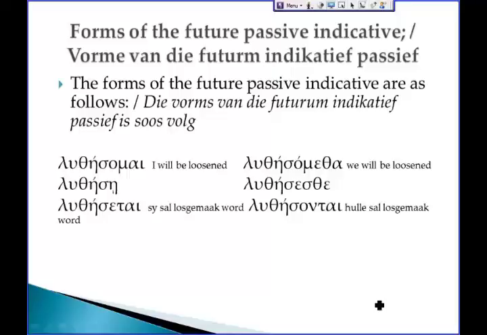So therefore you end up with lu, the, somai, lu, the, sei, lu, the, setai. Now, the best way to build this is to take that out, or actually take that out altogether with the sigma. What are you left with there once you take those out?